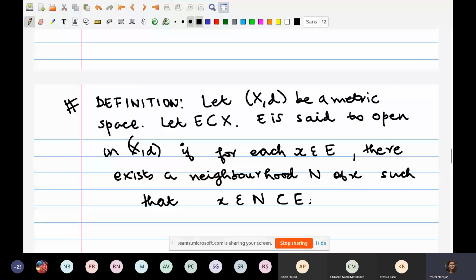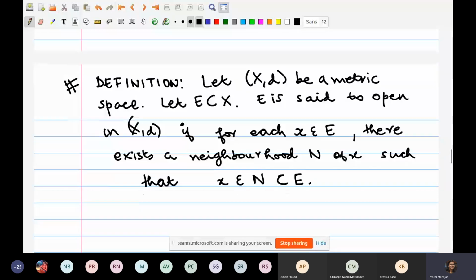So again, let's discuss this definition in light of the Euclidean space, which is something that we are familiar with. So let's consider the Euclidean space, which means the metric is defined by this. Why am I writing this metric again and again?